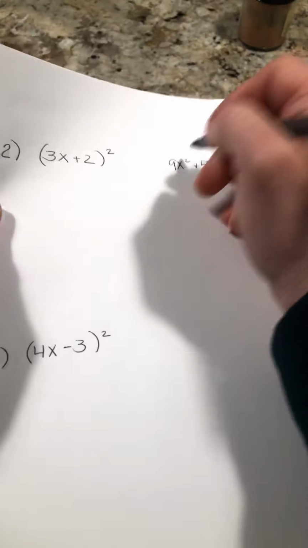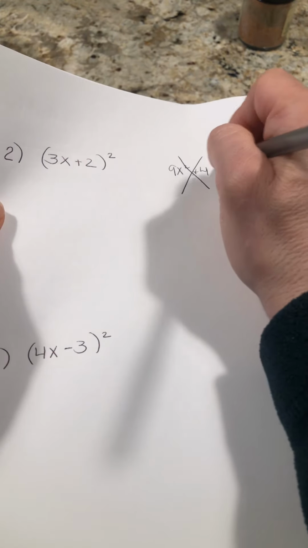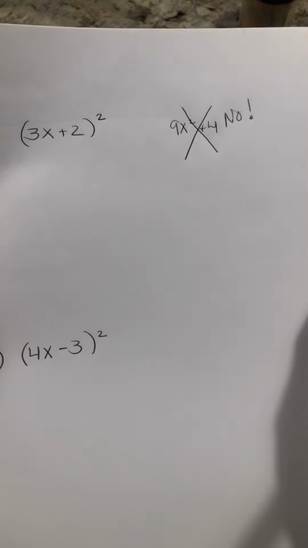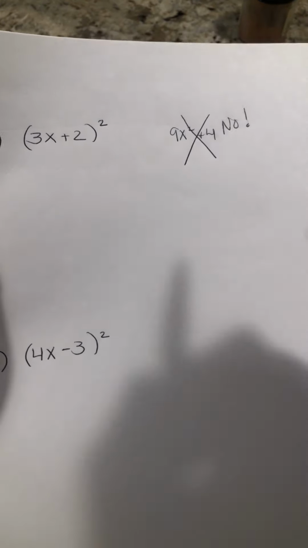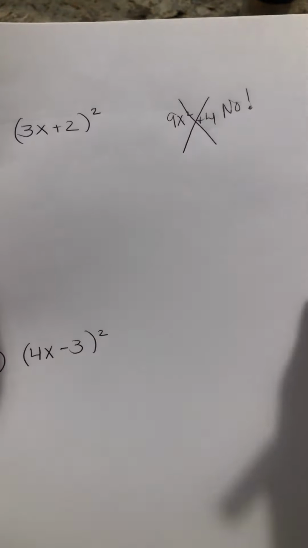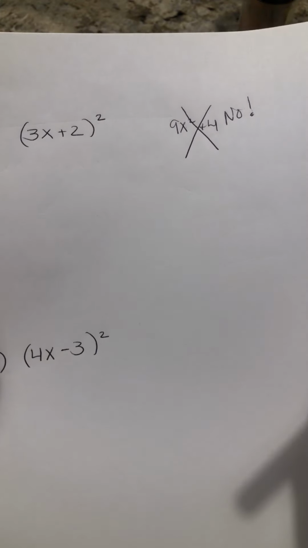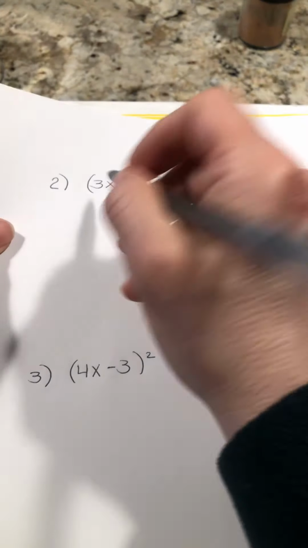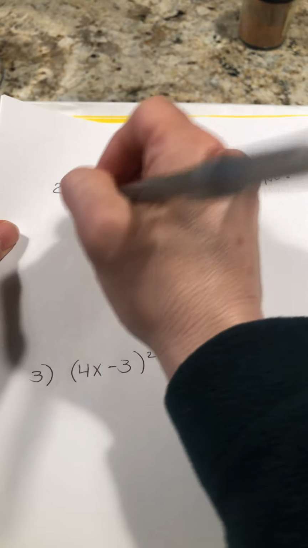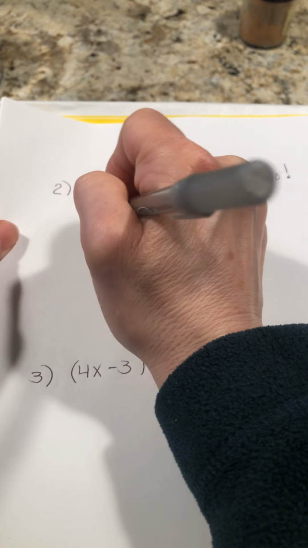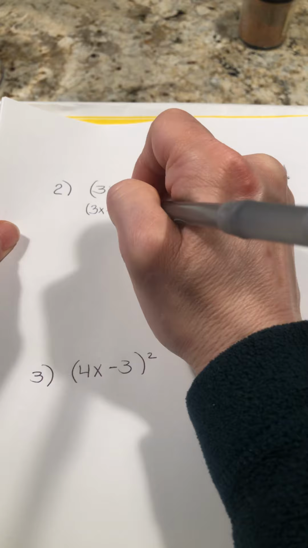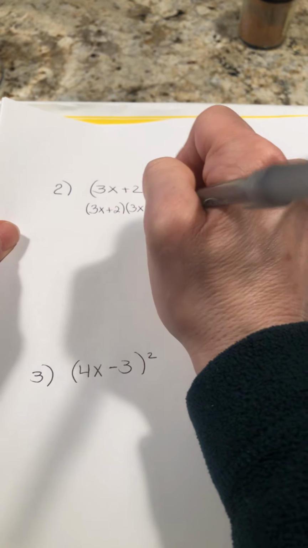But I'm going to say, no, no, no, don't do that, okay? When we square a quantity, what it really means is that we are multiplying it by itself. So this is my base. I'm going to multiply the base by itself, or the base is being used as a factor twice.